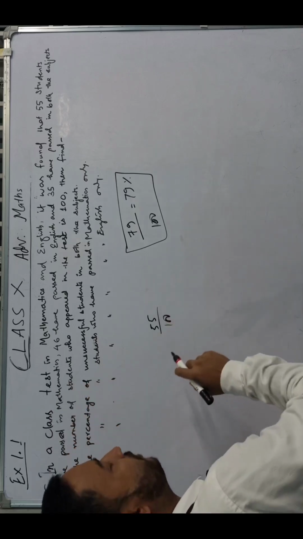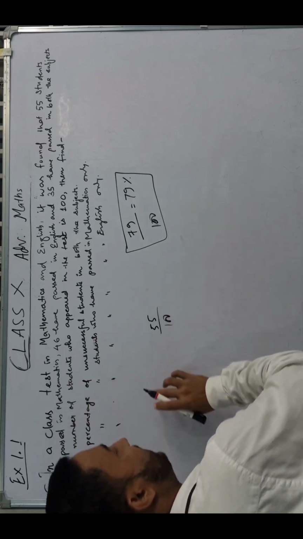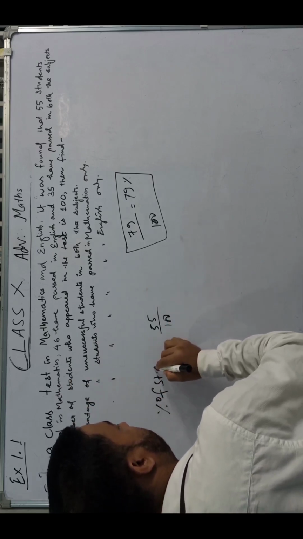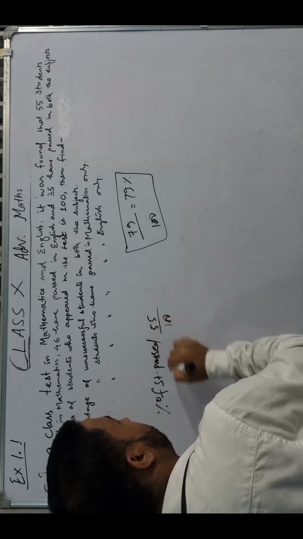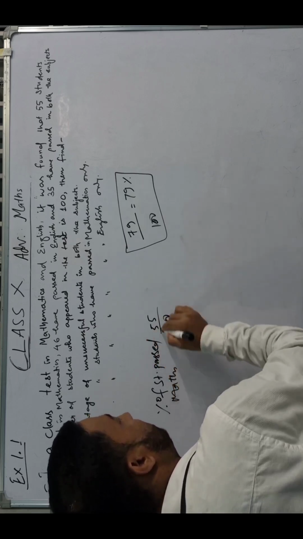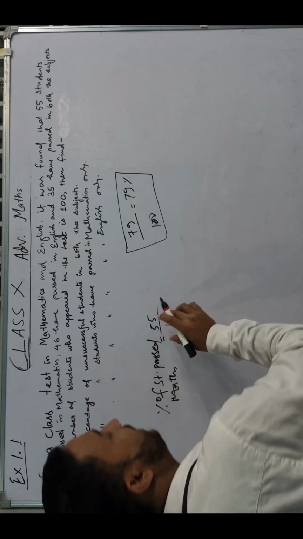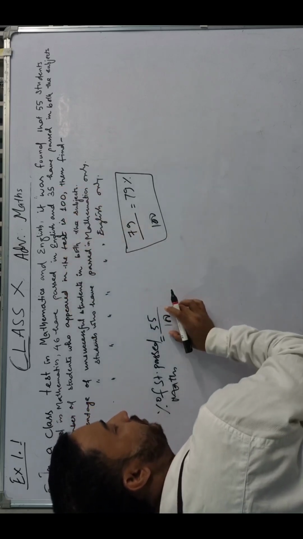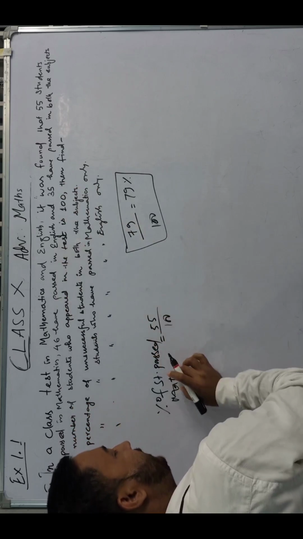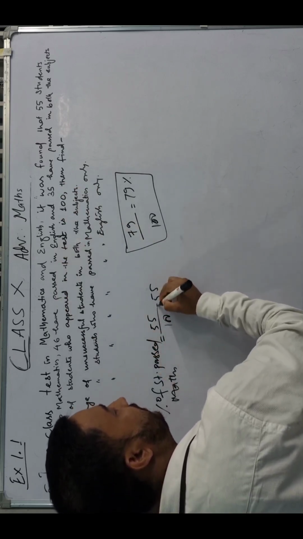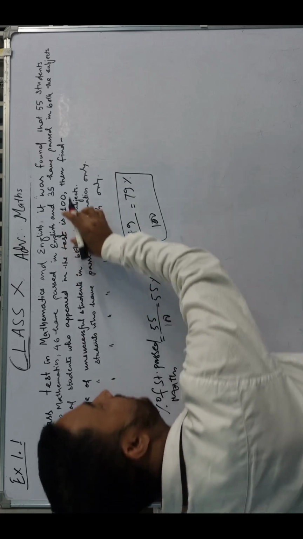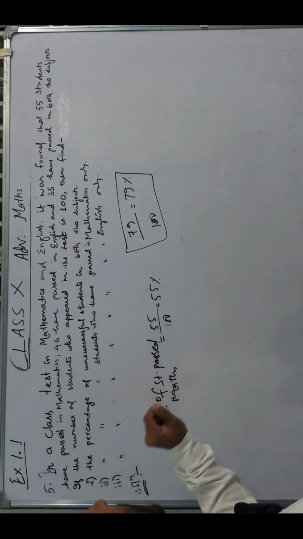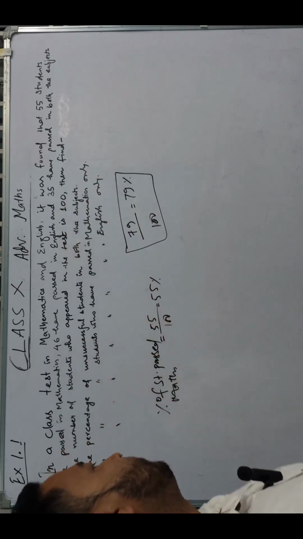Then the percentage of students who passed maths is equal to 55 out of 100, because the total students appeared in the exam is 100. Out of these 100 students, 55 passed maths, that means 55%. Since the total number is given as 100, it is very easy for us to find the percentage, because percentage means out of 100.